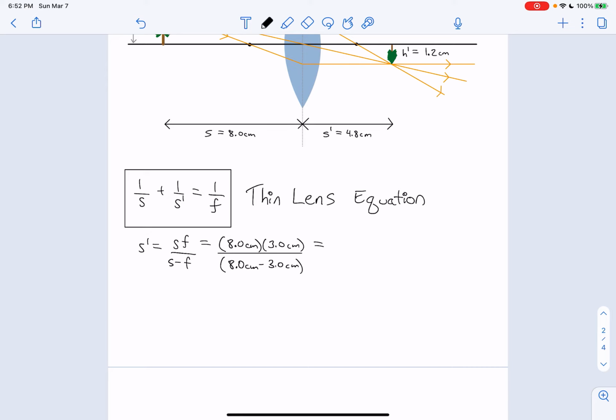Okay, so 8 times 3 is going to be 24, divided by 8 minus 3, which is 5. And so we get 4.8 centimeters.